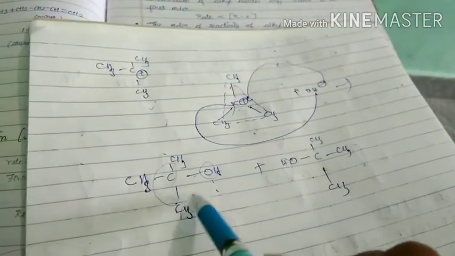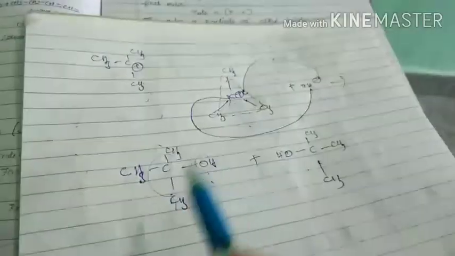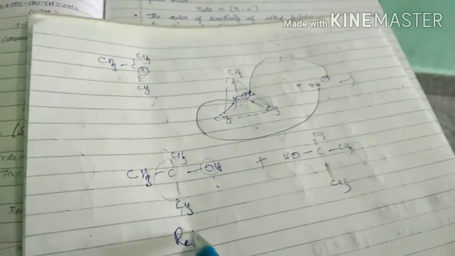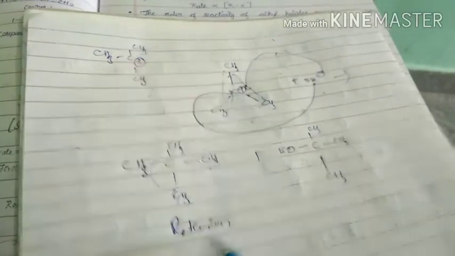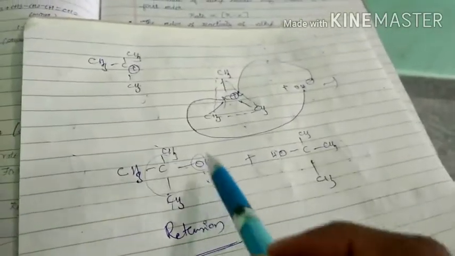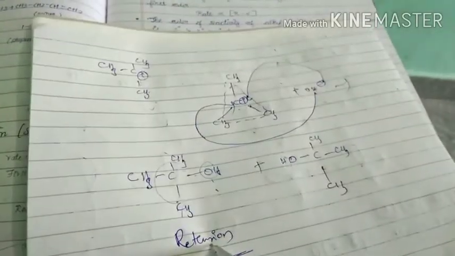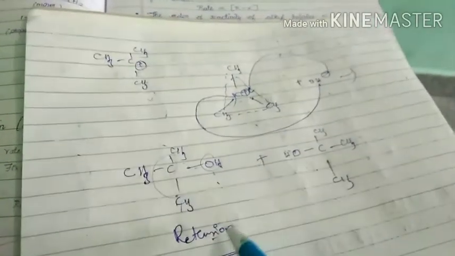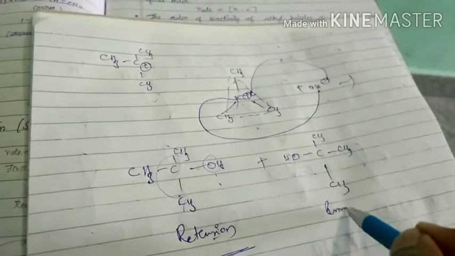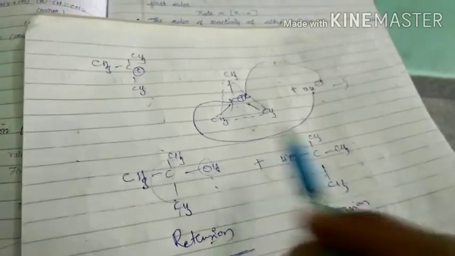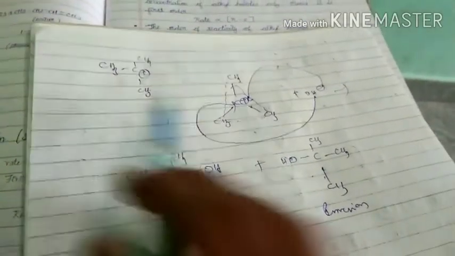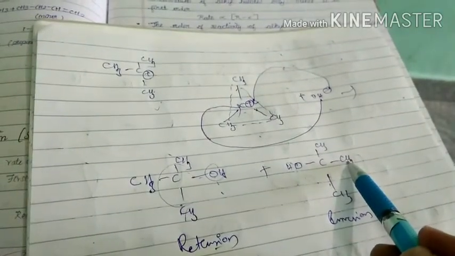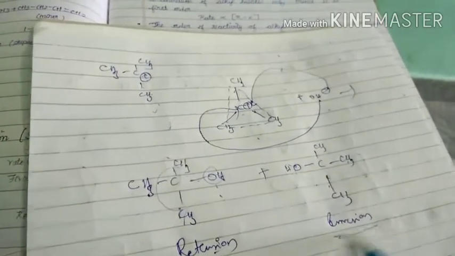This structure is almost similar to this structure. That is why it is called retention configuration. Retention means if the same type of structure is formed. If the opposite structure is formed, that is called inversion. This is inversion. Why? Here CH3 is present on the left side, but here CH3 is present on the right side. That is why it is called the inversion product.